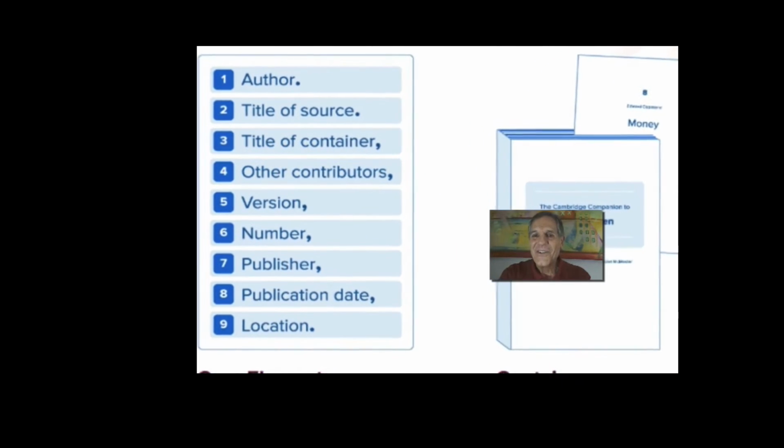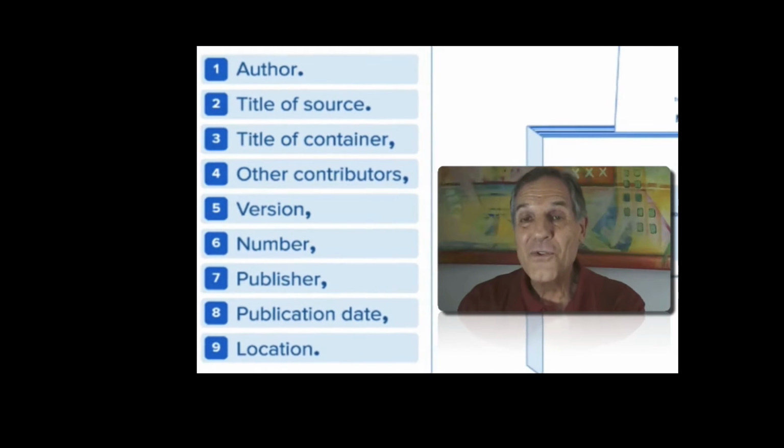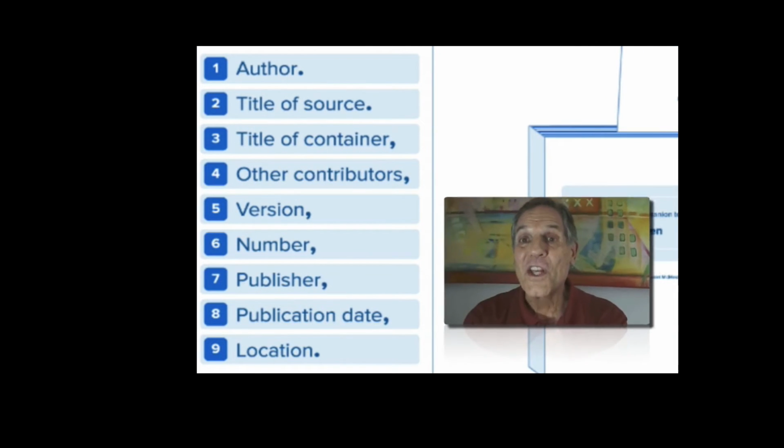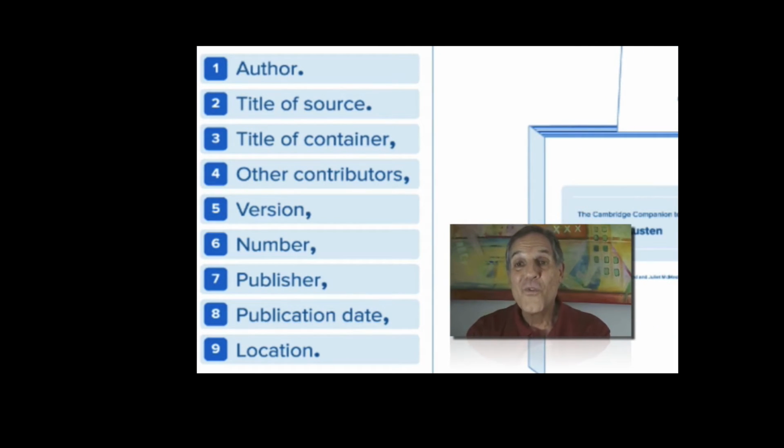Okay, so the MLA focuses, as you see in the slide, on 9 core elements for any citation or entry. It's actually 8 core elements because the last item on the list, location of the source, is not necessary. So why give it? Your entry begins with the author.